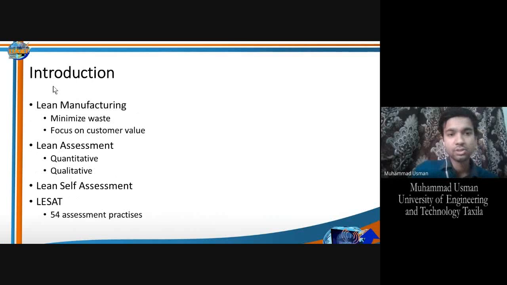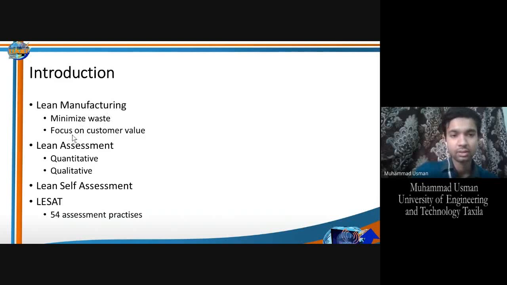From introduction, first I will define lean manufacturing. It is about minimizing the waste and focusing on customer value. Lean is basically defined as removing the waste, any type of waste that produces nothing and gives no output value to the final product.